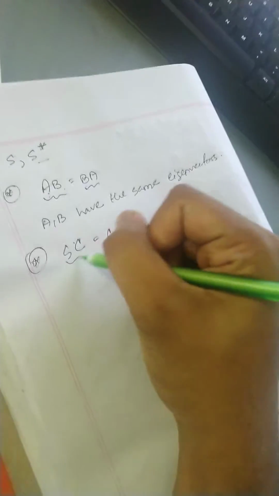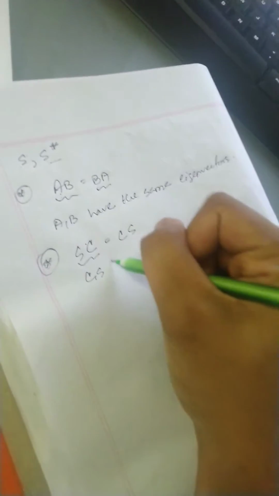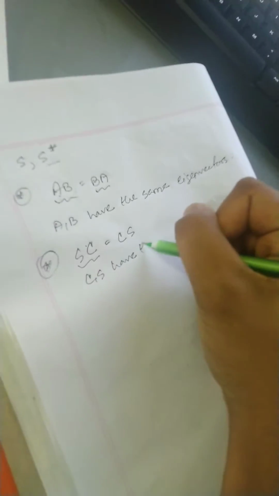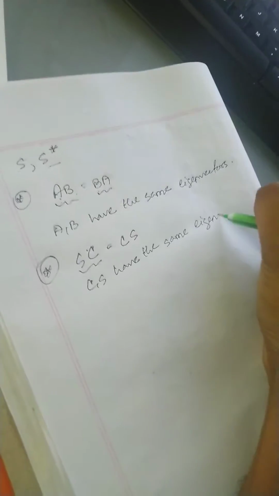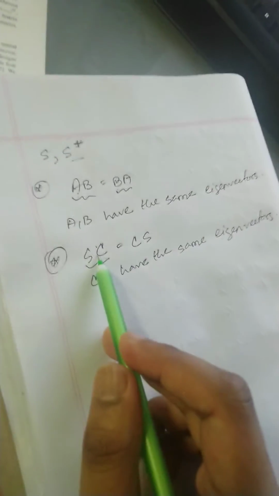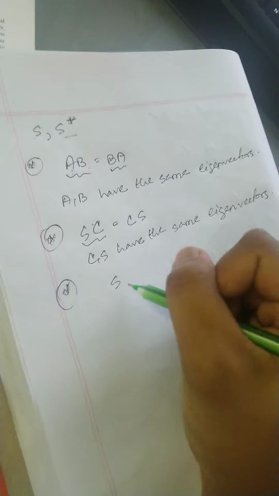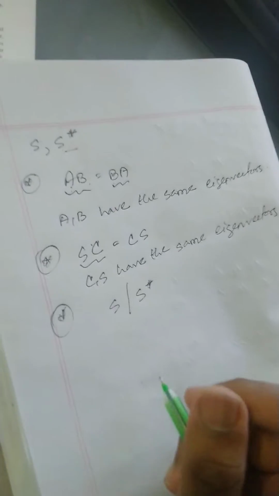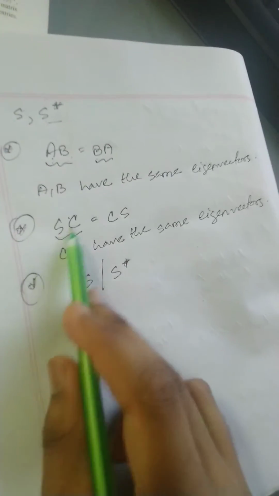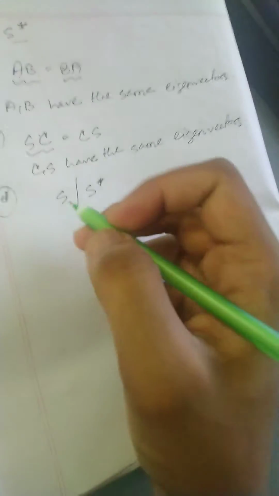So we know that C and S have the same eigenvectors, but their eigenvalues may differ, and they will differ as we will see. With that property, if we can find the eigenvectors of S or S conjugate, then we can find the eigenvectors of C, the circulant matrix, and then we can find the eigenvalues of the circulant matrix. So we will work out this way.